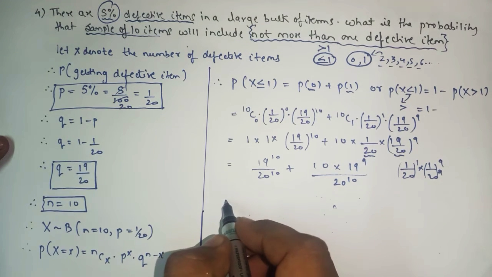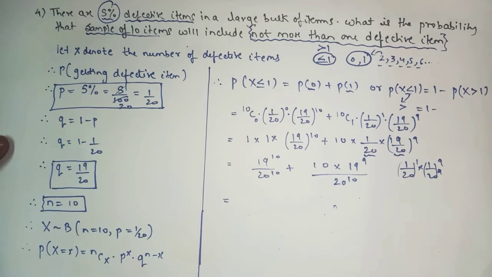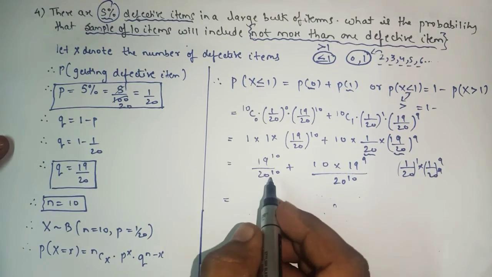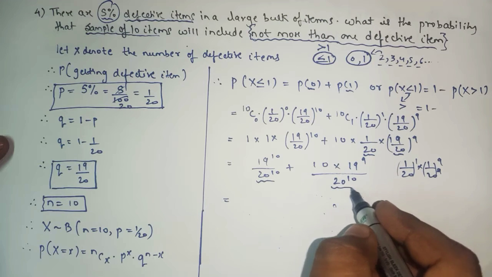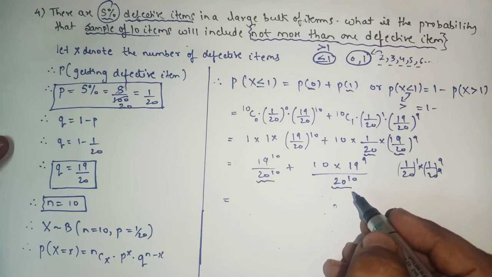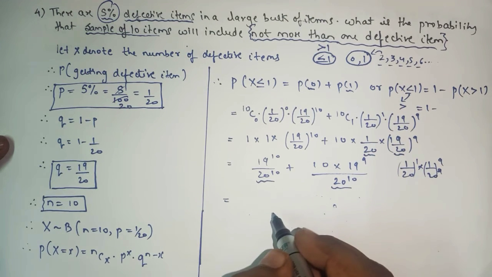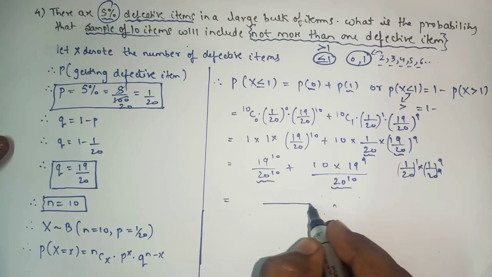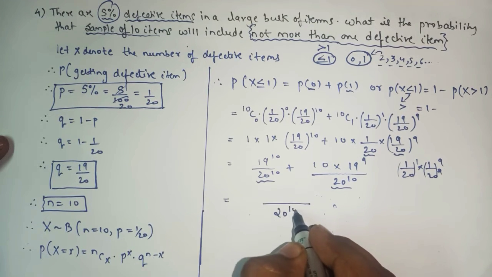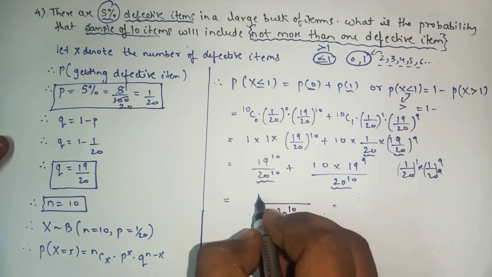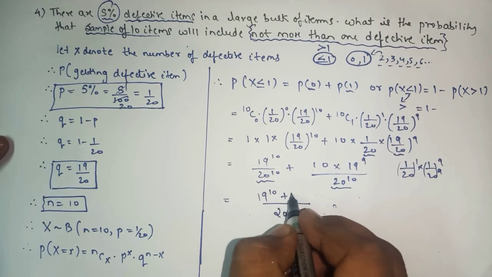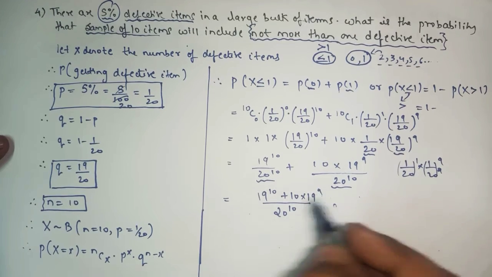Okay, so now after that, listen here. Here clearly we can see that 20 raised to 10 in the denominator is common. Yes or no? So we'll write 20 raised to 10 as one time. Here we are left with 19 raised to 10 plus 10 into 19 raised to 9.